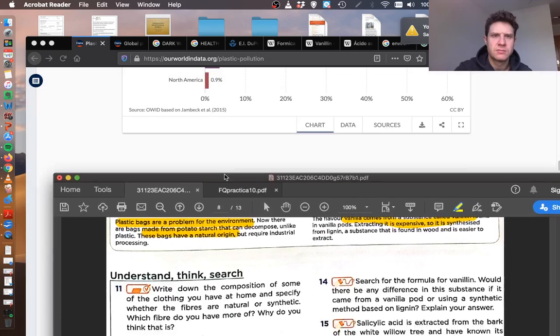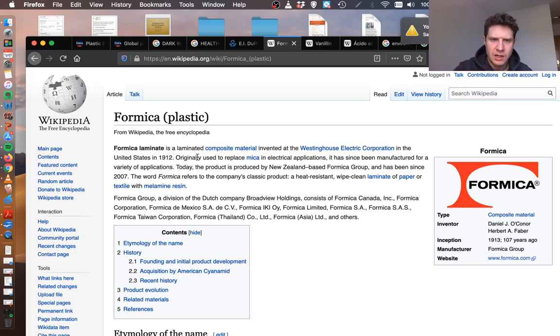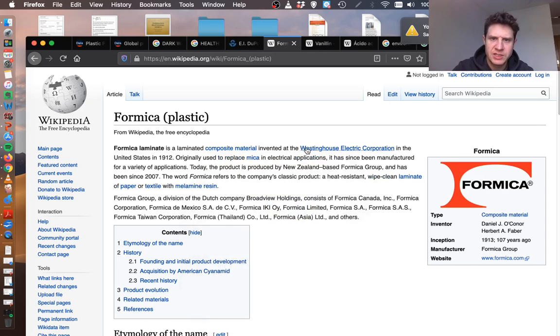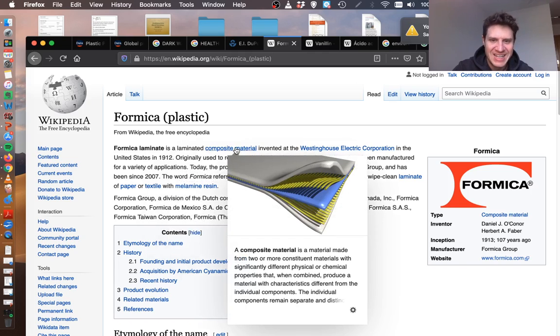Let's see. Formica here, it's just plastic. Originally it is a laminated composite material embedded by Westinghouse Electric Corporation. So there are a lot of laminates of plastic under high pressure. Okay.